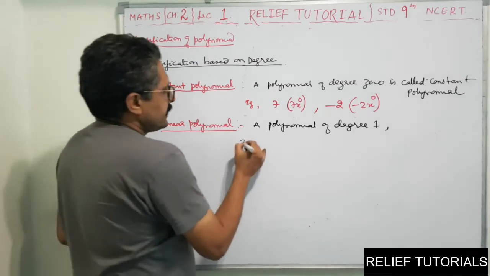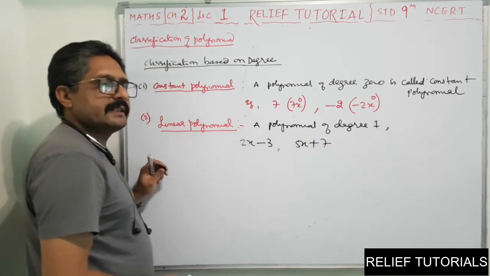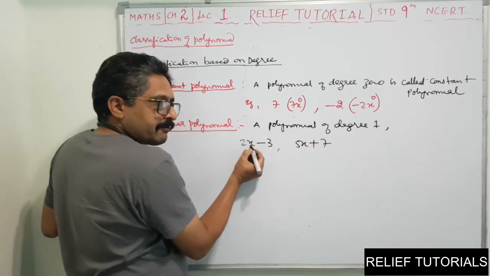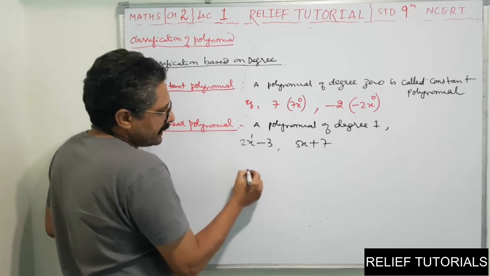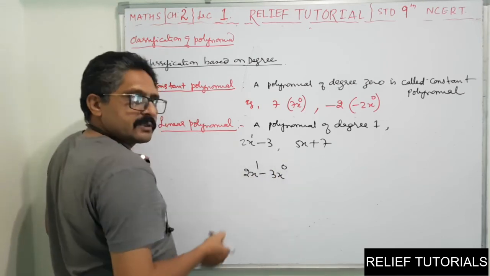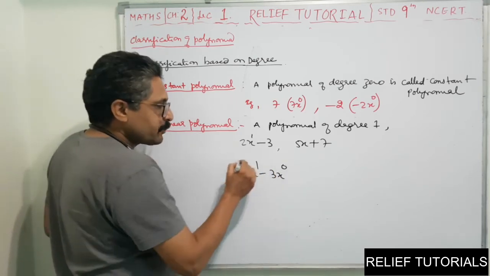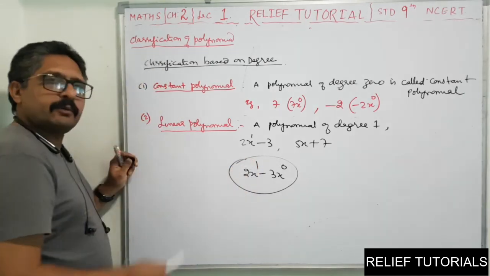See example, I can say 2x minus 3, 5x plus 7. Here you see the power of the variable x. The highest power of the variable is 1. I can write this as 2x raised to 1 minus 3x raised to 0. So the highest power is 1, so the degree is 1. Such a polynomial having degree 1 is called a linear polynomial.